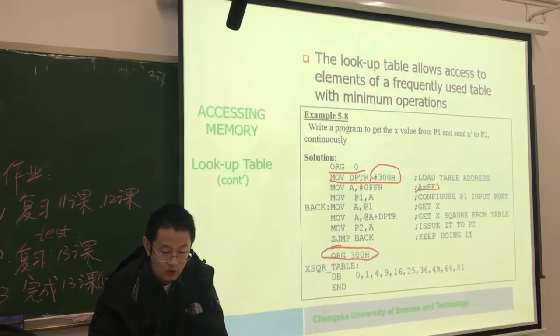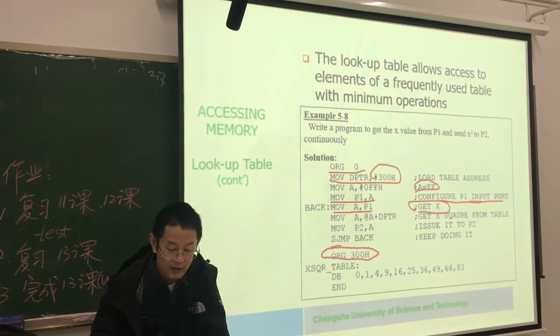A is equal to FFH. MOV P1, A. Configure P1 as an input port. MOV A, P1. Get x, the number in P1.